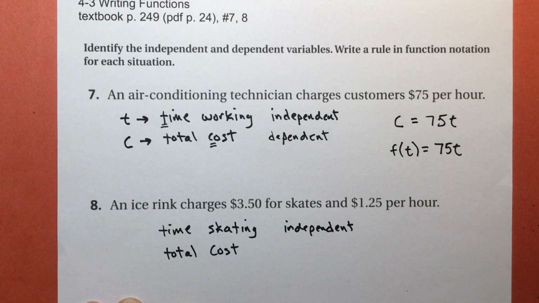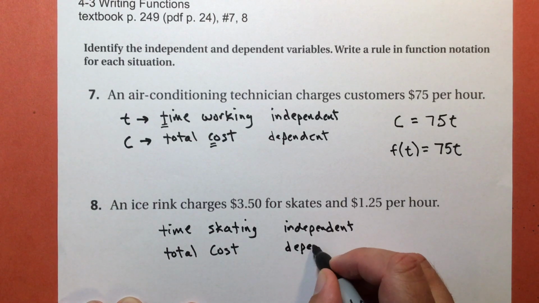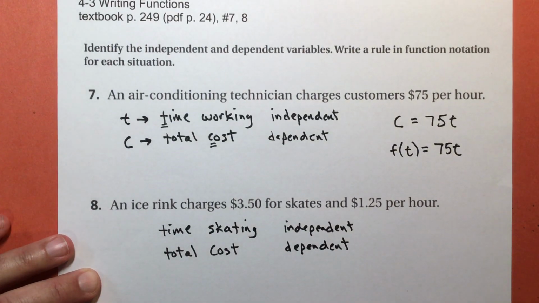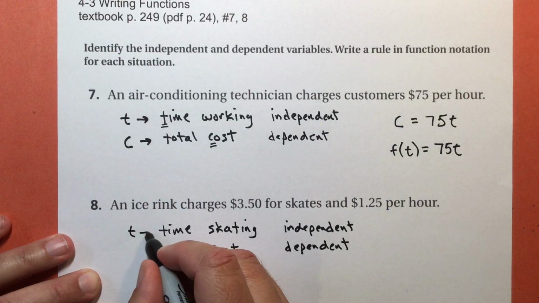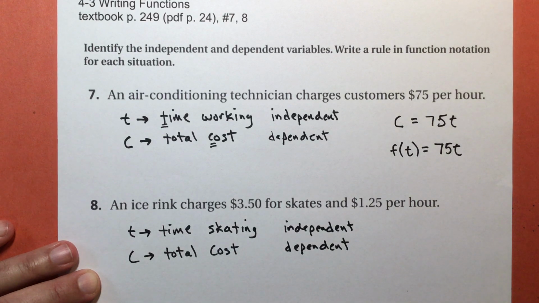If you say, I'm only going to skate an hour, then they can tell you how much that's going to cost. If you say, I'm going to be here all day, until you close, because I like to skate, then they will tell you that also, right? So how much it costs depends on how much time. So this is the dependent variable. And since we're also using time and cost, I'm going to use t and c one more time. But like I said, you can also use x and y.